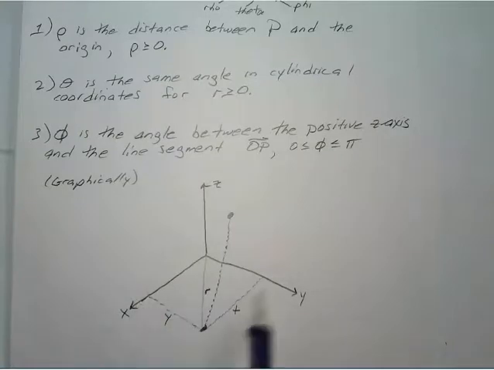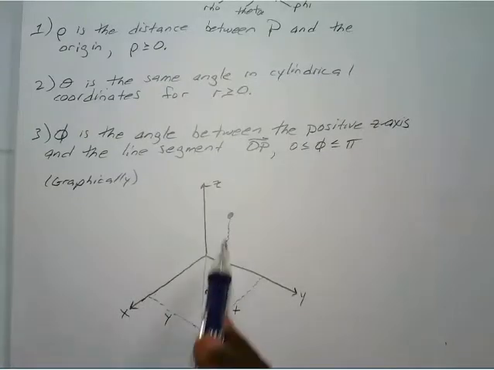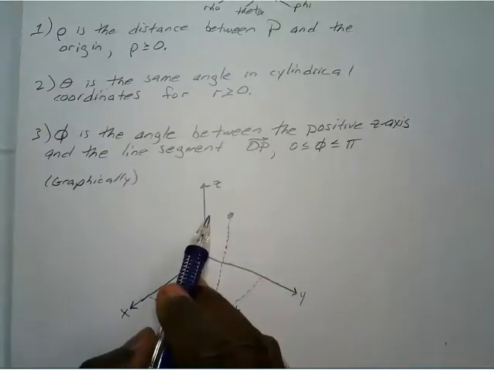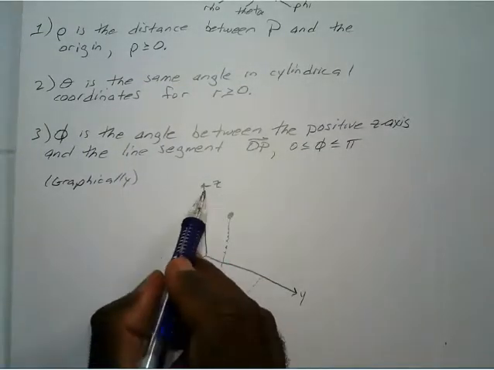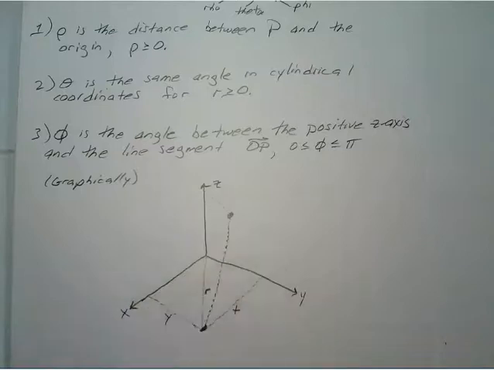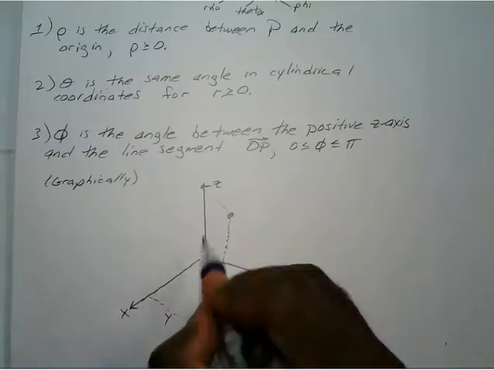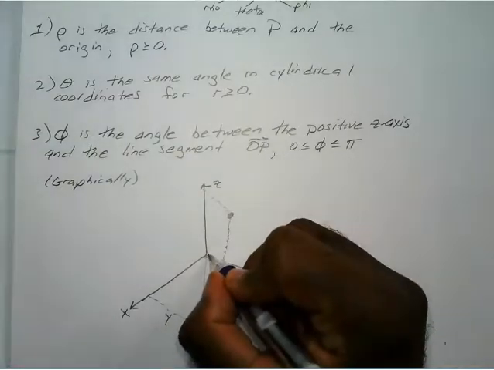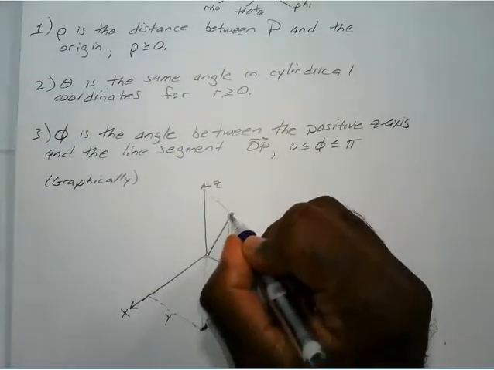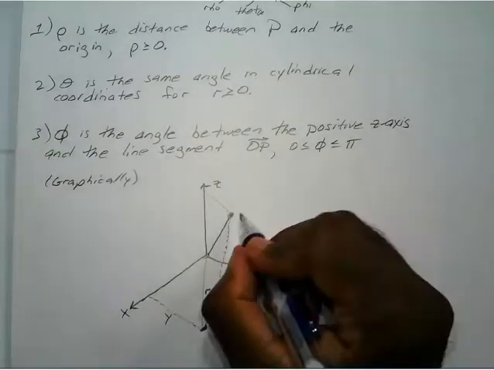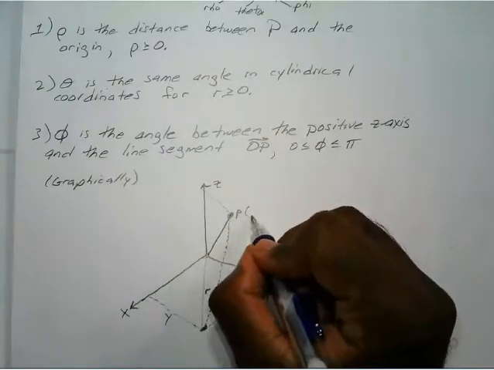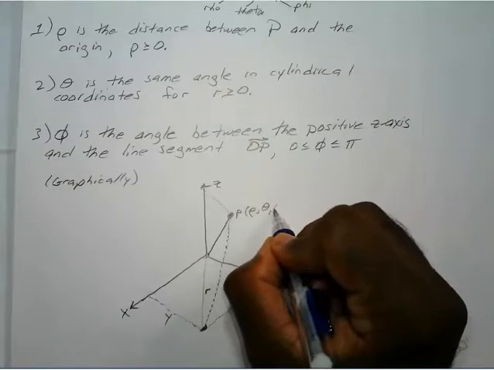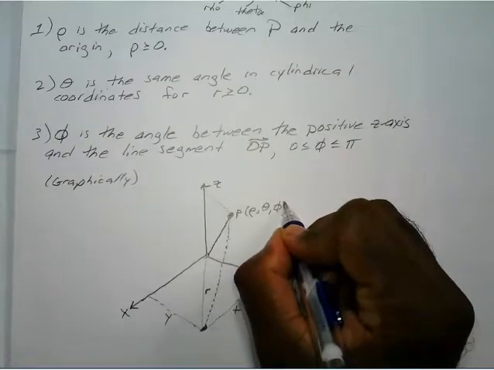So we have x, y, and then we go right up to our point there. Okay. So for this point, from the origin to that point, that's our P: rho, theta, phi.